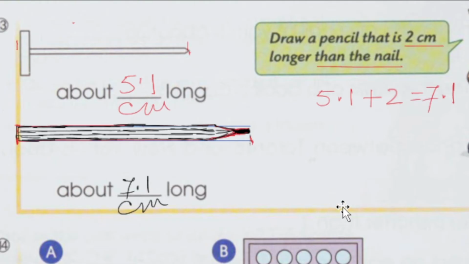So that's the way we can draw a pencil with the accurate measurement.